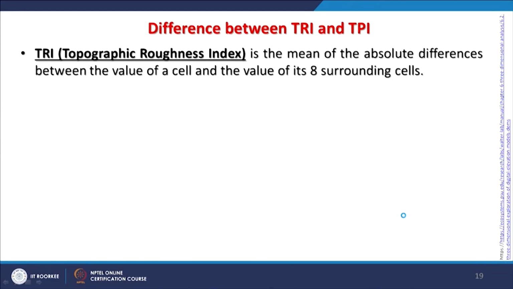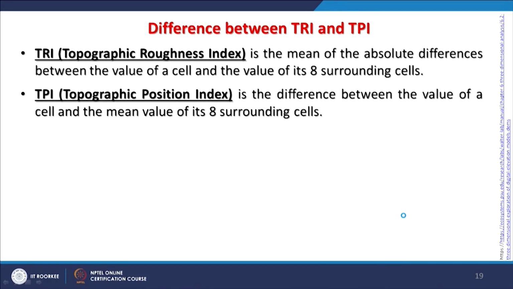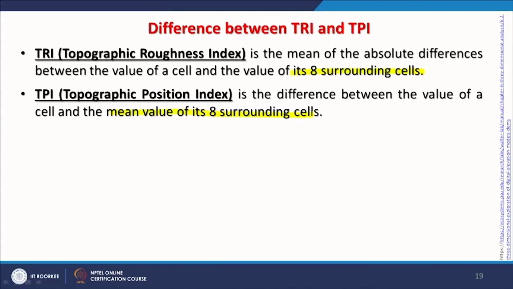If we compare TRI and TPI, the topographic roughness index is basically the mean of the absolute differences between the value of the cell and the value of its 8 neighbors. Whereas in TPI, it is the difference between the value of a cell and the mean value of its 8 surrounding cells. So, there is a calculation difference.